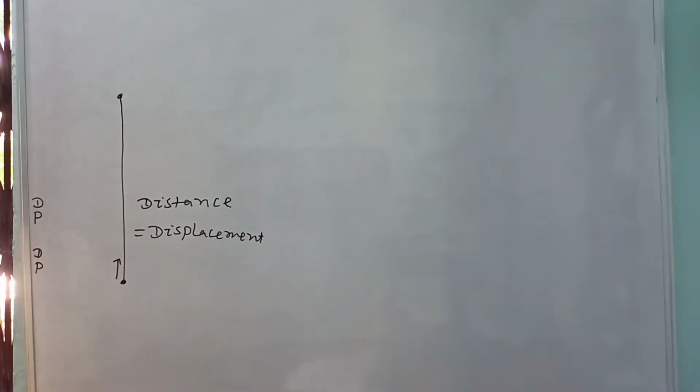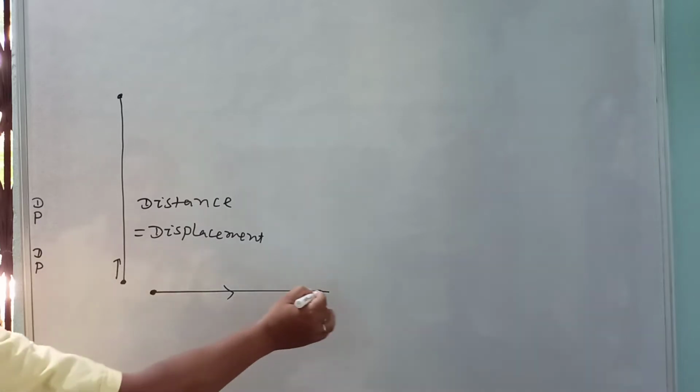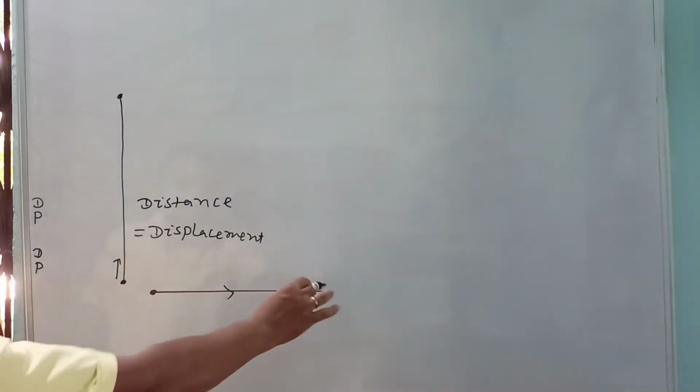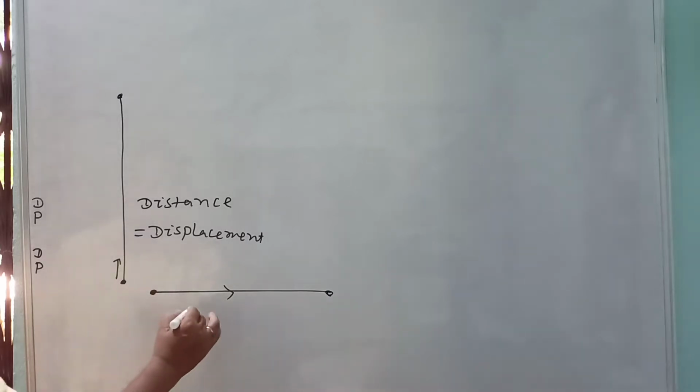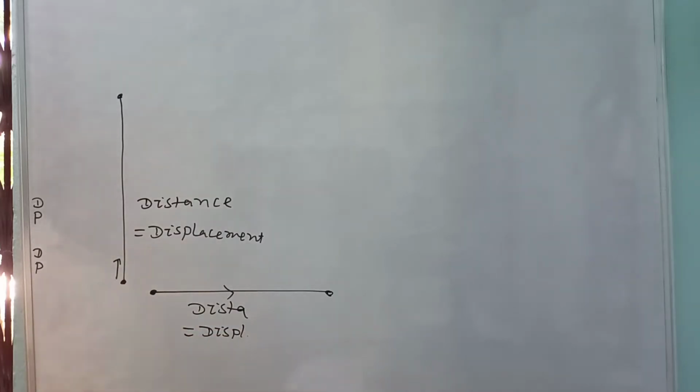If the body moves in this direction, suppose this is the initial point and this is the final point, I mean the body moves in a straight path and in the same direction, then here also distance is equal to displacement.